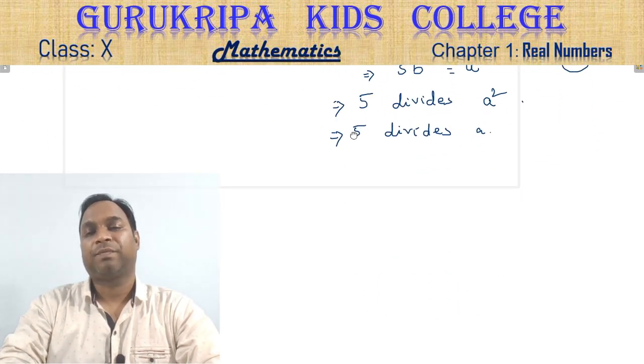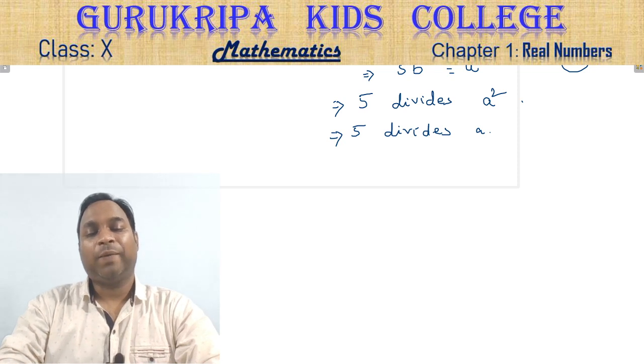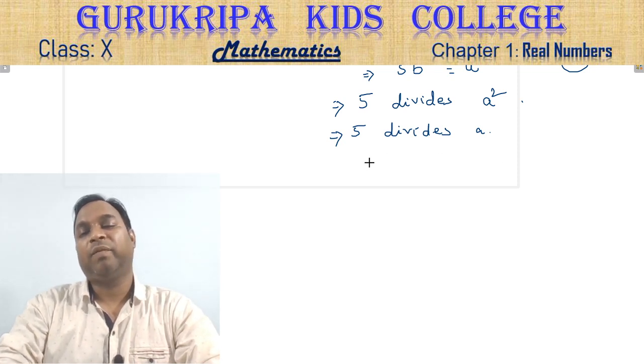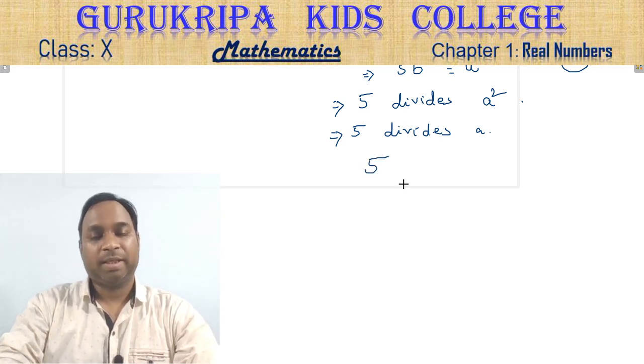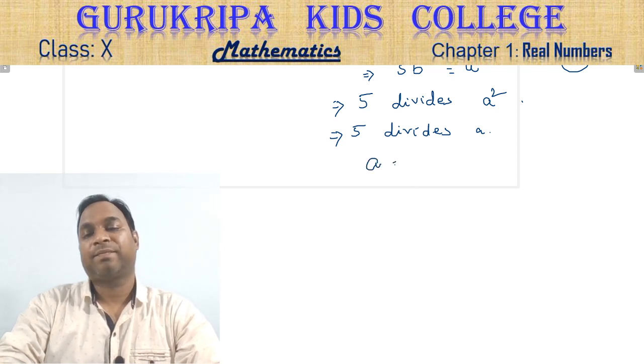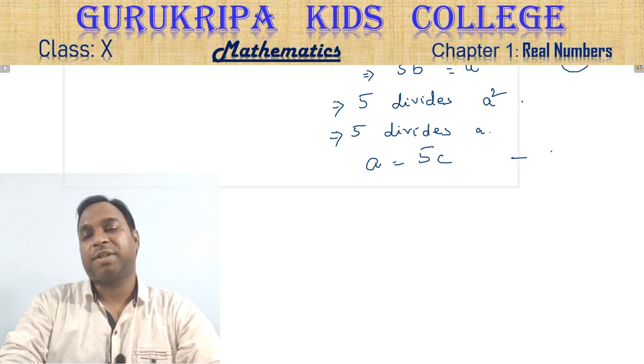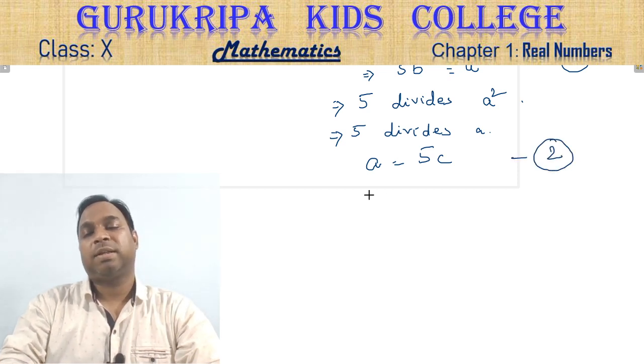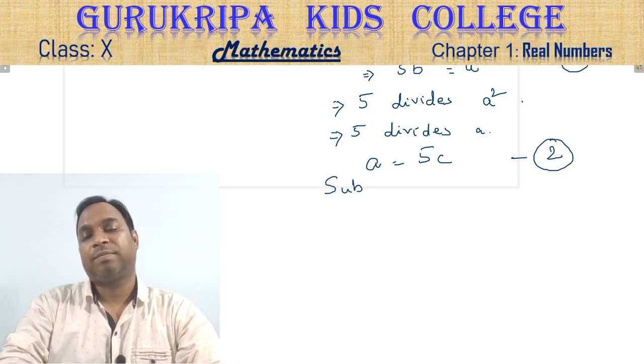Now, when 5 divides A, we can write A is equal to 5C. So this is equation number 2. Substitute 2 in 1.